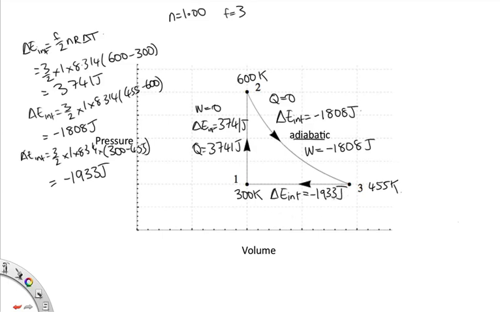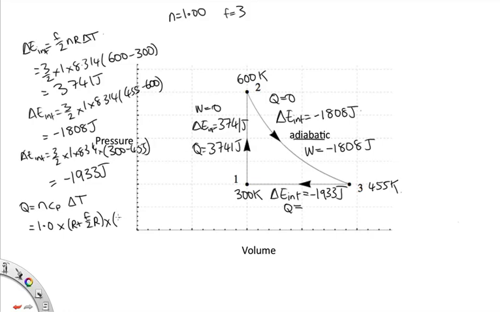Now it's actually not easy to work out the work for this case because we don't know what this pressure is. We haven't been told the scale on this axis. So what we can do is work out the heat. This is the constant pressure case. So Q is equal to n Cp delta T, and this is 1.0 Cp, where Cp is equal to R plus Cv, which is R plus F over 2 R, times the change in temperature.